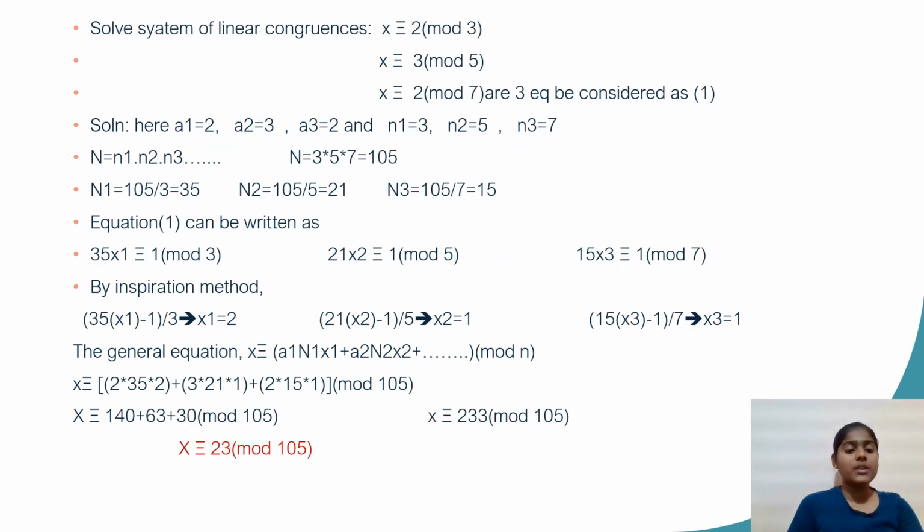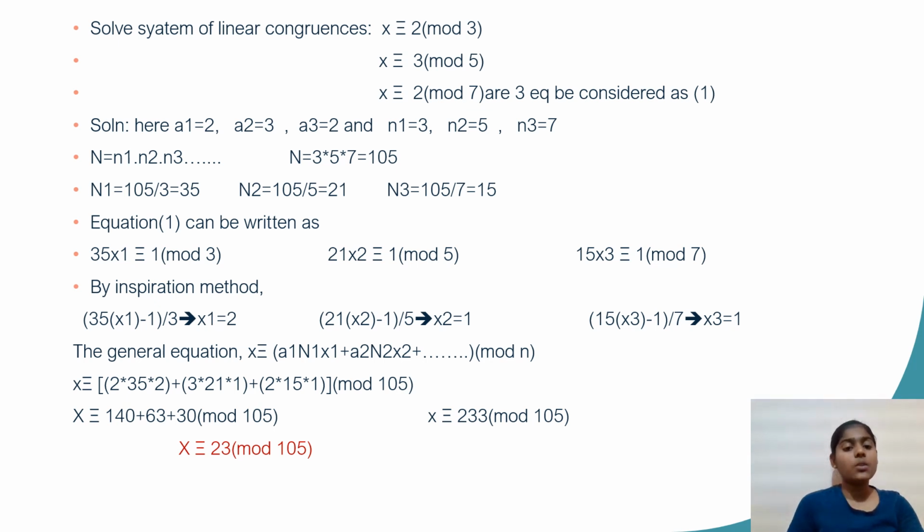Now let's look into the example of Chinese remainder theorem. Solve the system of linear congruences, that is x congruent to 2 in mod 3, x congruent to 3 in mod 5 and x congruent to 2 in mod 7. These three equations are considered as equation 1.